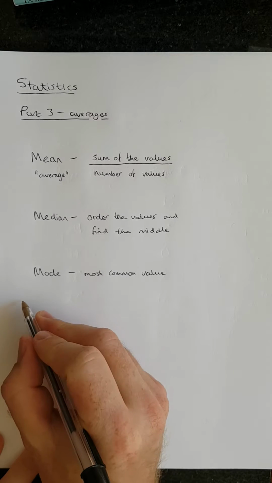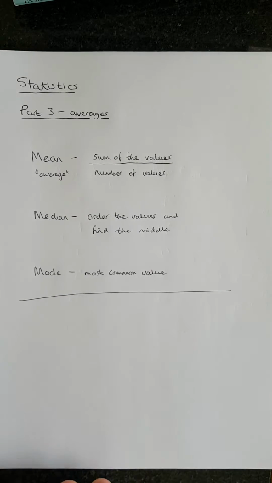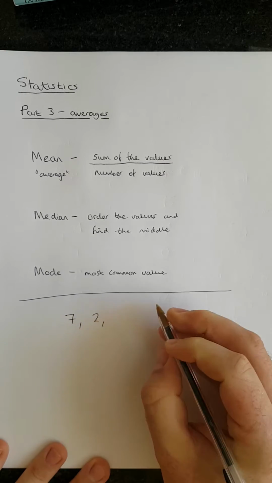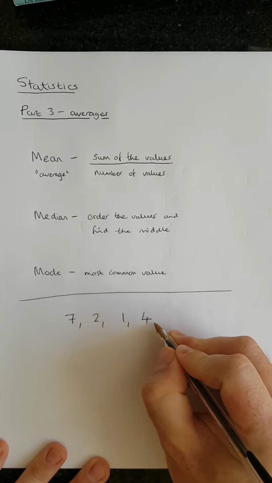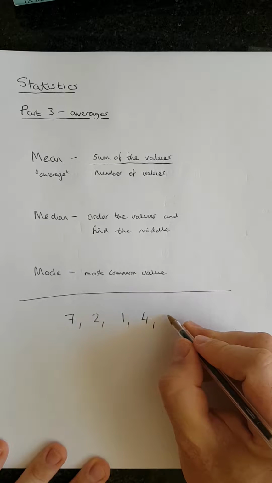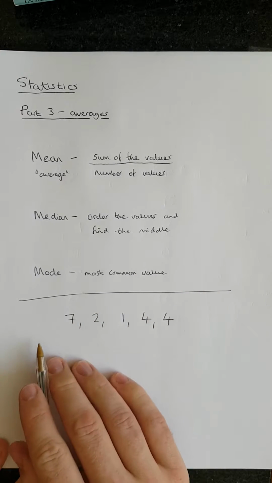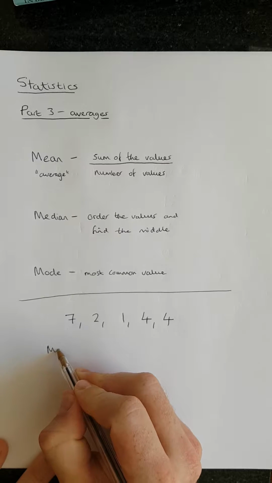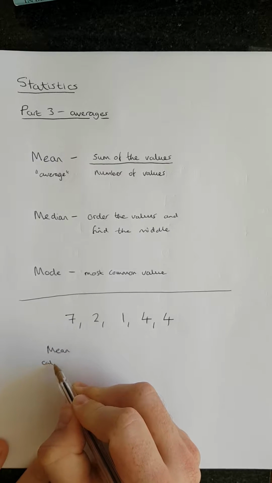So, let's take a set of data and talk through how this works then. So here are a set of numbers. Now, first off, we're going to calculate the mean, and we're going to use a calculator here.